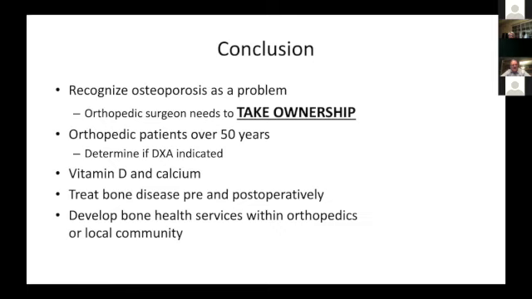Our model is the FLS, and all patients undergoing elective orthopedic surgery over the age of 50 are screened to determine if DEXA is needed. They should all be given vitamin D and calcium. And if treatment is warranted, it should be given both before as well as, obviously, after surgery. And the best way to accomplish this is through some type of bone health service within orthopedics or in your local community. Thank you very much.